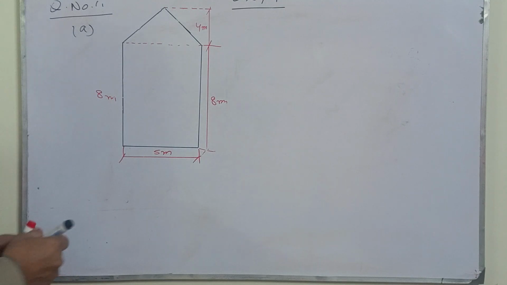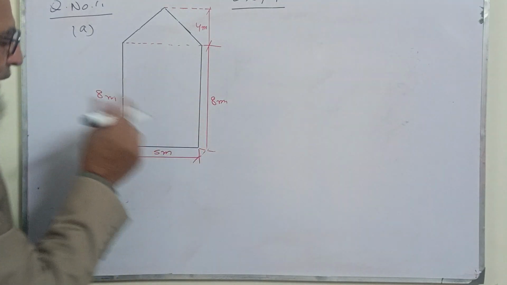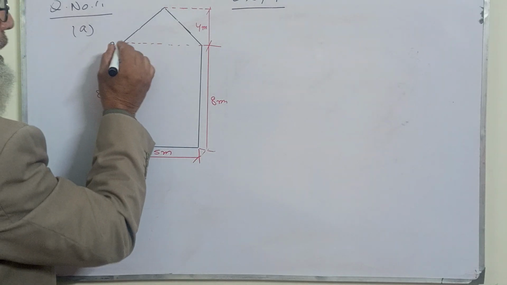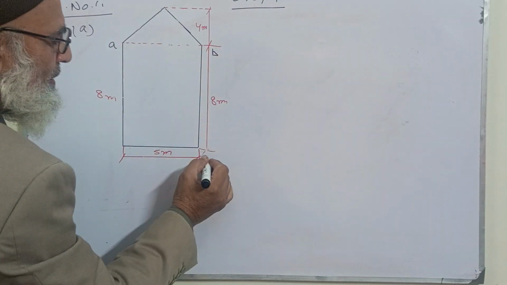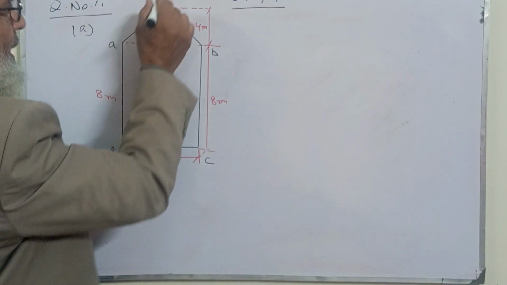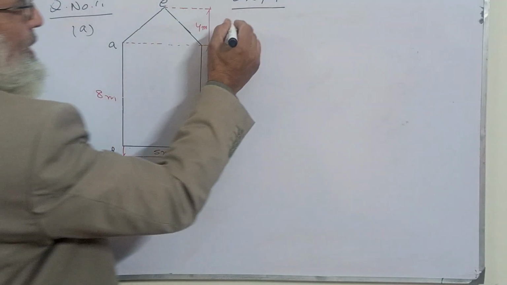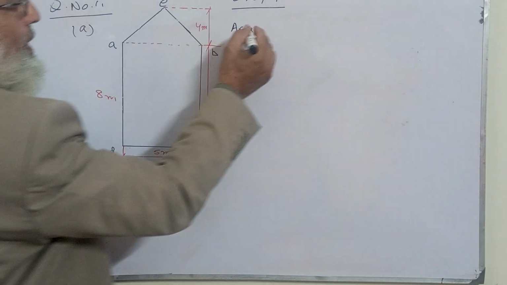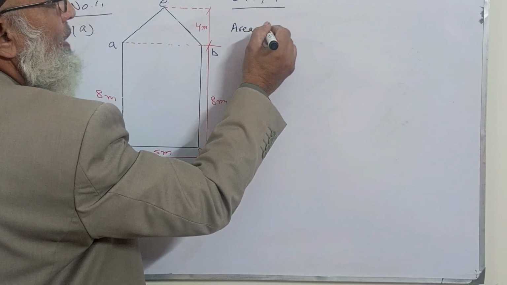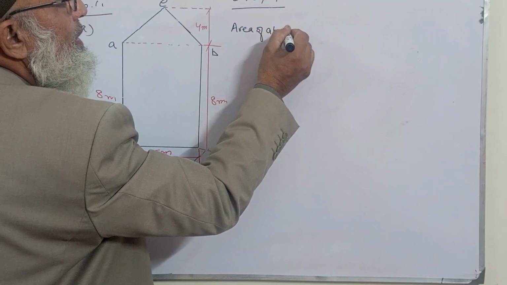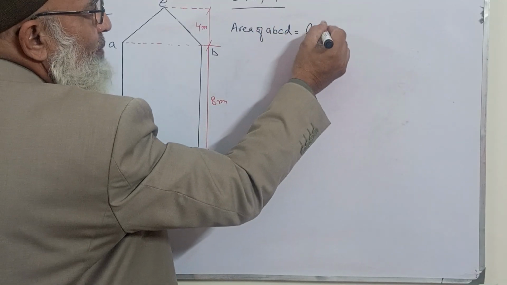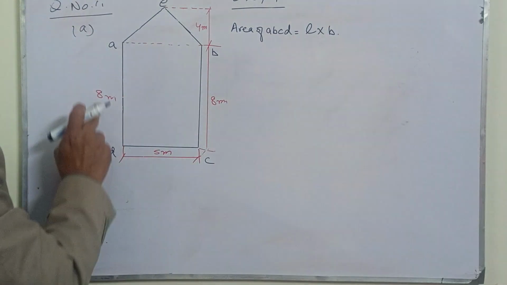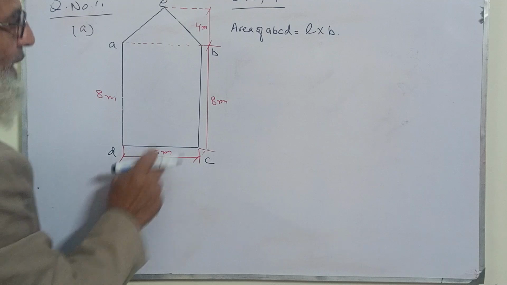Now for this rectangle, if I give these the names A, B, C, D and E, then the area of rectangle ABCD is equal to length multiplied by breadth. This is the length, this is the breadth.